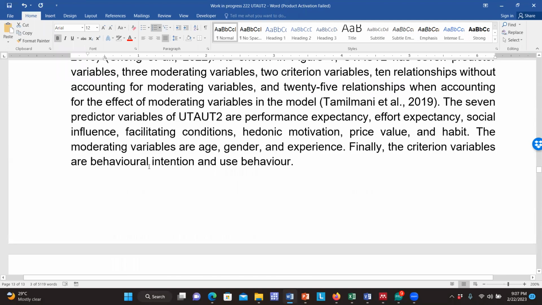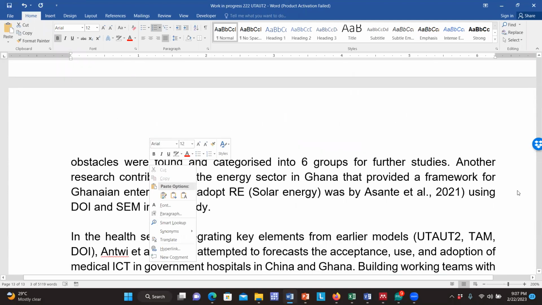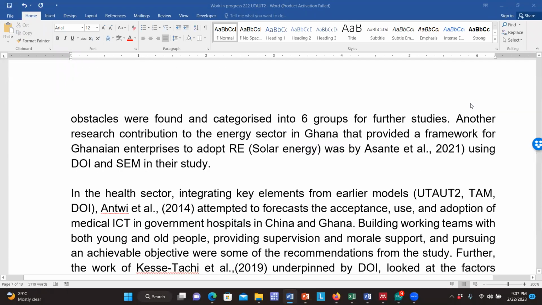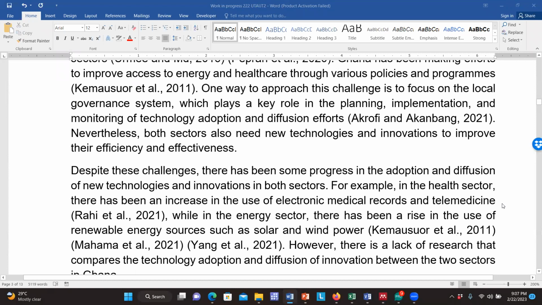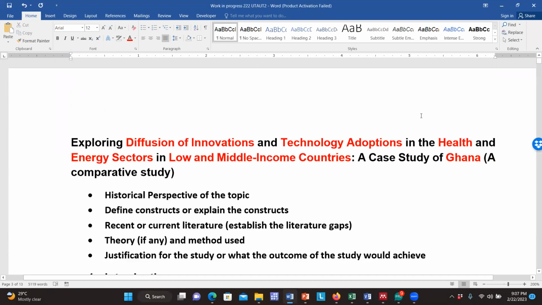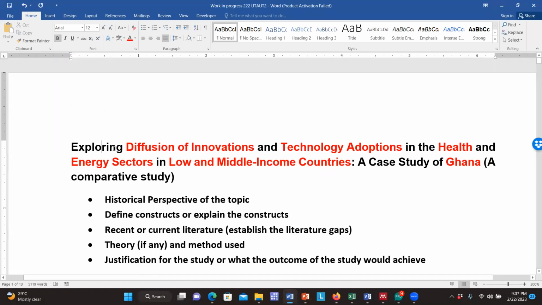But the other thing is that this one is purely quantitative work. I thought that you were doing a mixed study. If you are doing that, then I would have to see in your work the other part, which is the exploratory aspect.